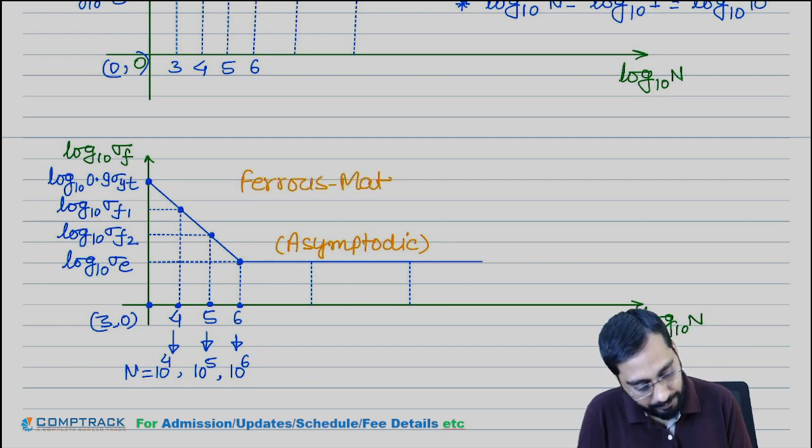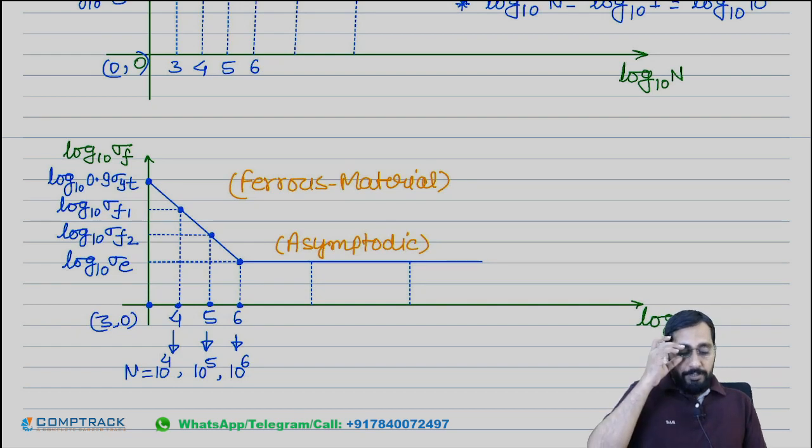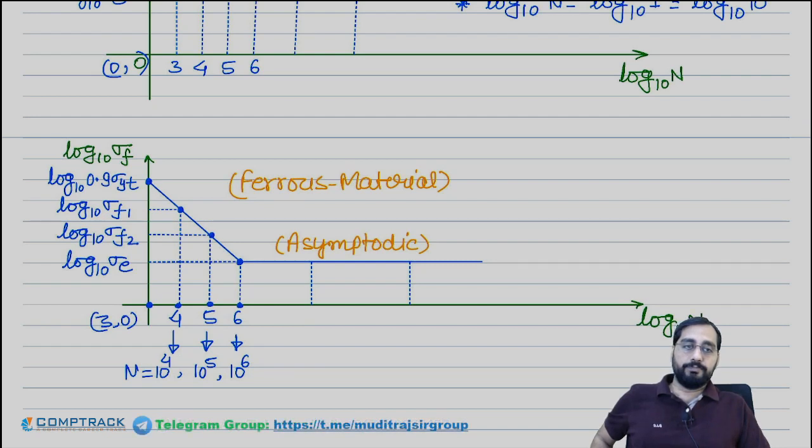So for the ferrous material, the curve will start from 3 comma 0. Curve will start from 3 comma 0. Okay, clear up to here.